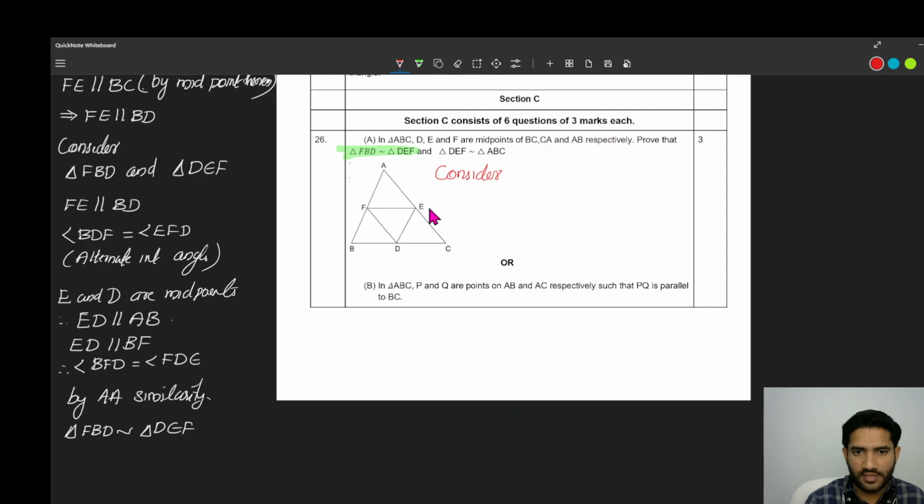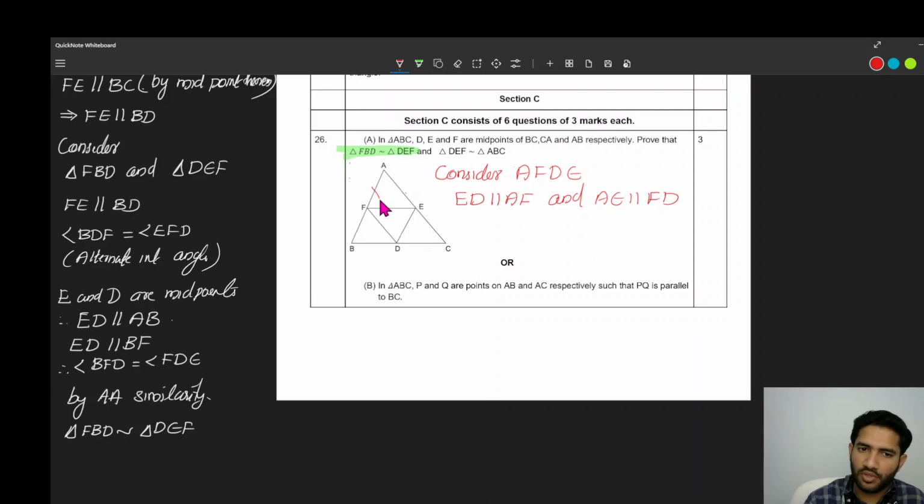Consider the quadrilateral AFDE. We know that ED is parallel to AF by midpoint theorem, and AE is parallel to FD by midpoint theorem.